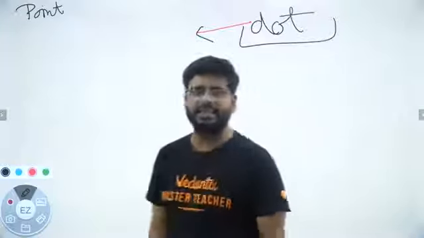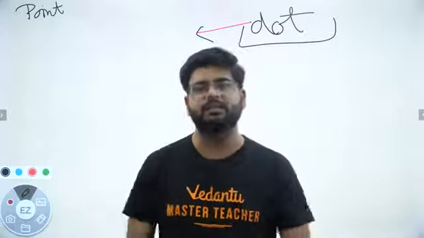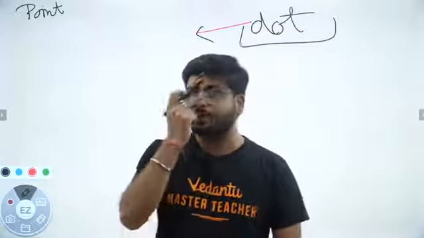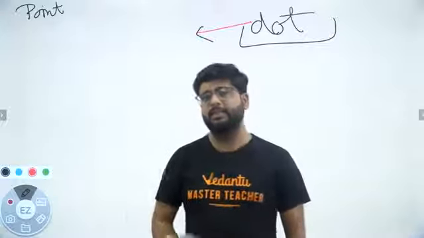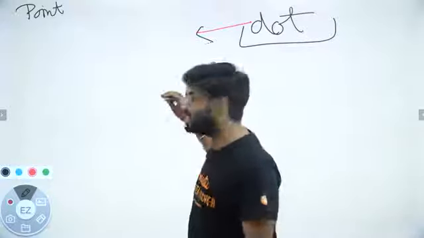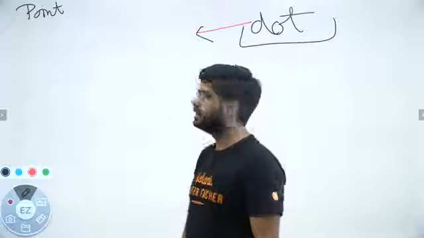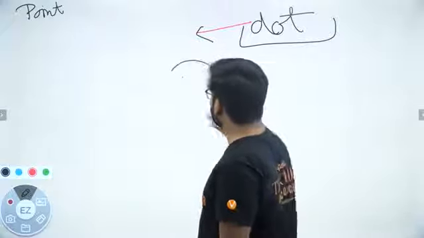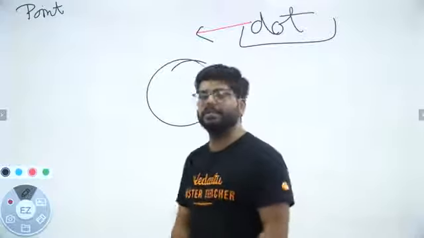A point is something that tells you the location of something, but it has no dimensions, right? So whenever I represent any point on any surface, it is called a dot. This is a dot basically. But I have represented a point. So this is a way through which we represent a point.